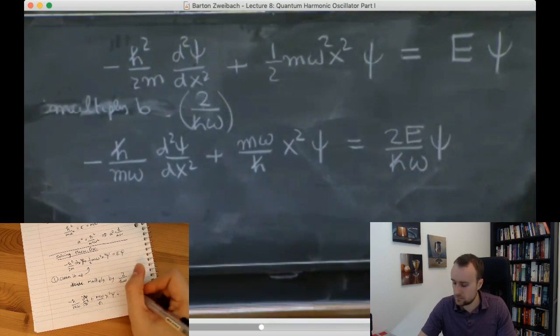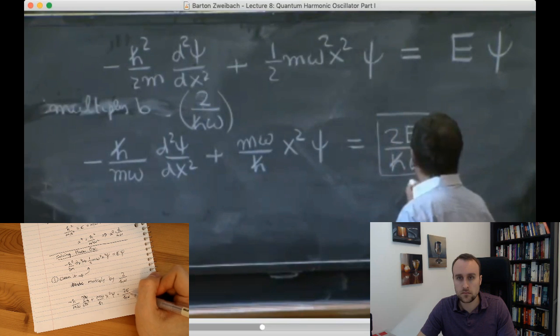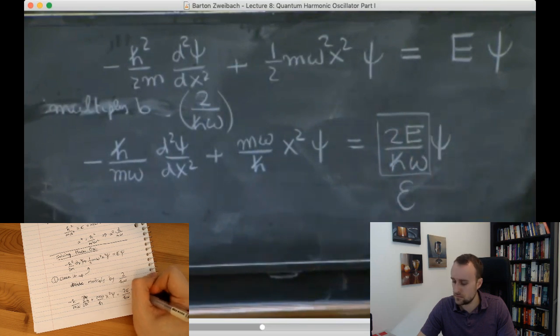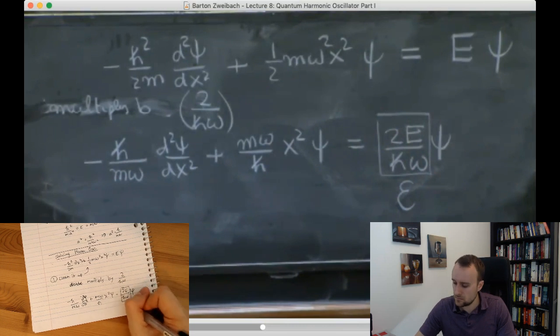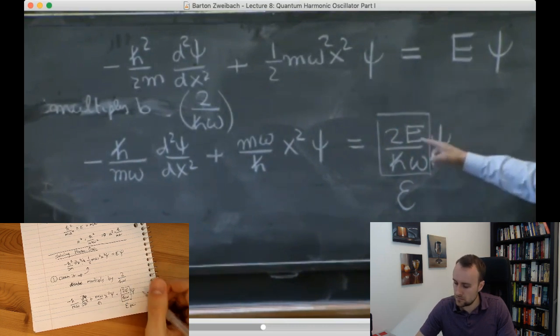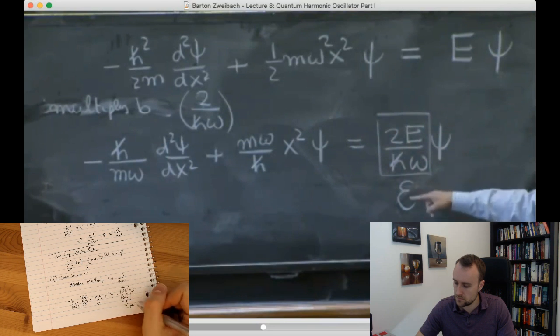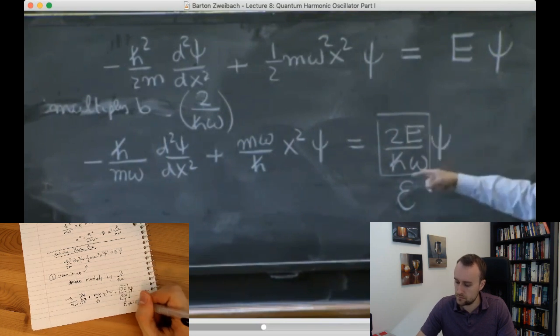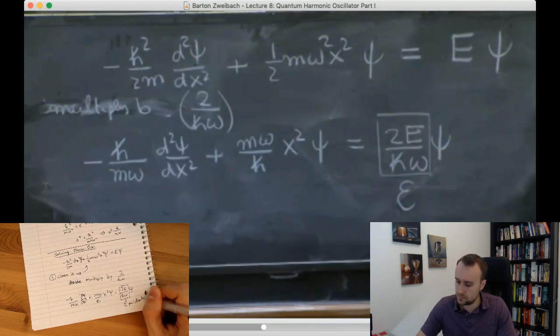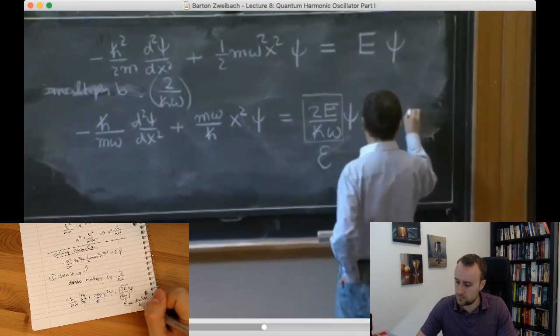I want to call this the dimensionless value of the energy, a calligraphic E. It has no units. This pure number tells me how many times bigger E is with respect to h bar omega over 2. So I'll write this now as calligraphic E psi.